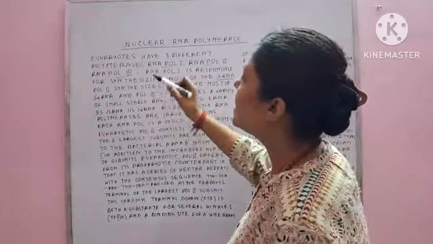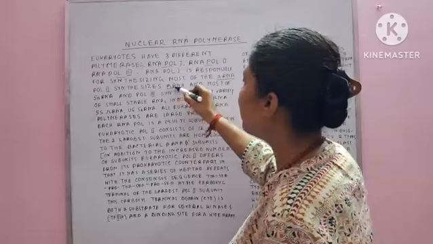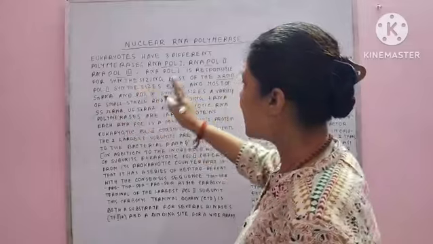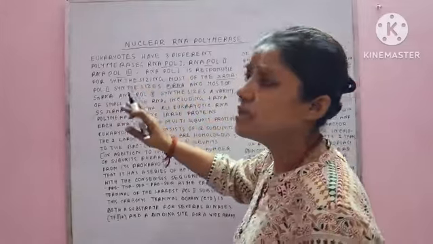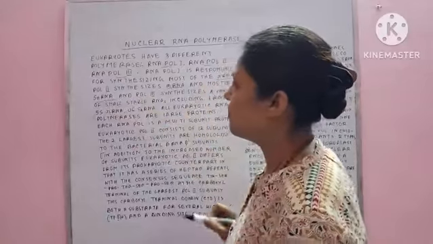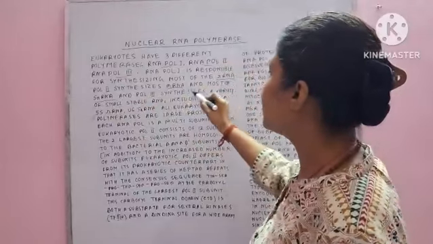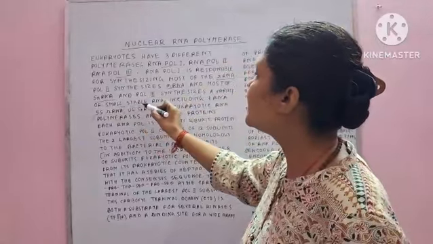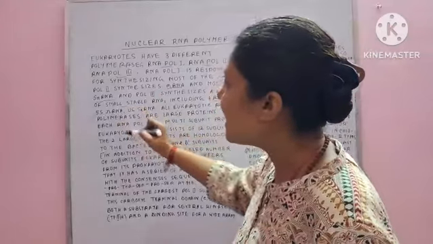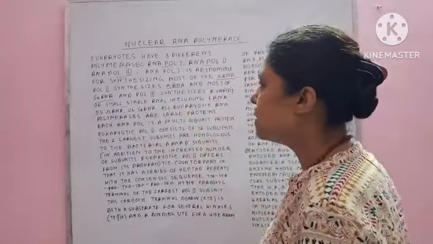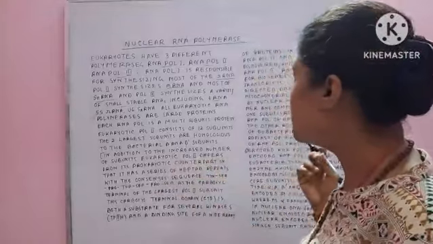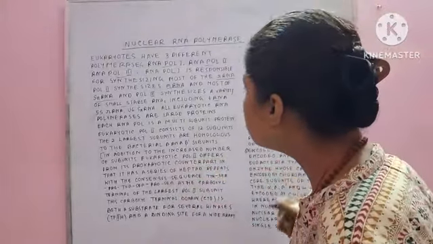RNA Pol 2 helps in the synthesis of mRNA and most of the snRNA. So the types of RNA synthesis dependent on RNA Pol 2 are mRNA and snRNA. And RNA Pol 3 synthesizes a variety of small stable RNAs, including tRNA, 5S rRNA, and U6 snRNA. Okay, so these are the roles of RNA polymerase 1, 2 and 3.